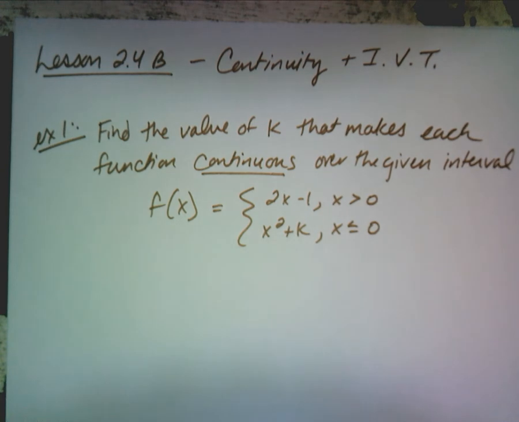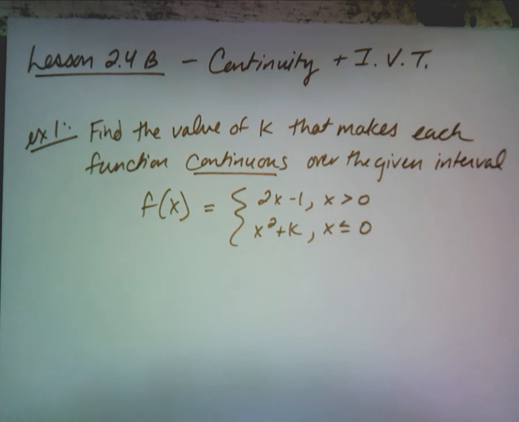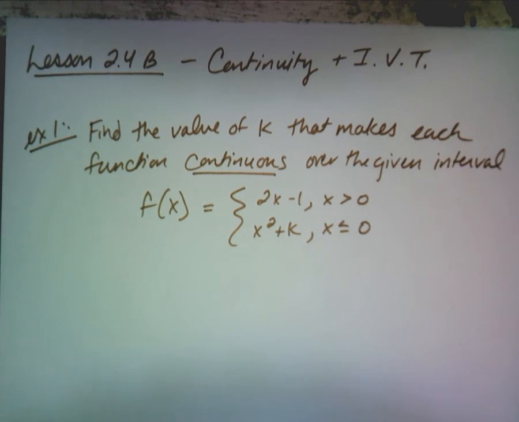Actually, I hated this one because I wrote it backwards, but it is what it is. I'll give you a minute to write that down. Find the value of k that makes each function continuous over the given interval.